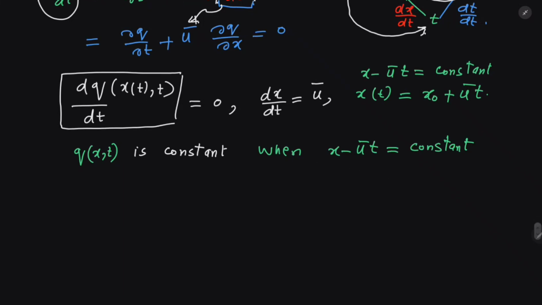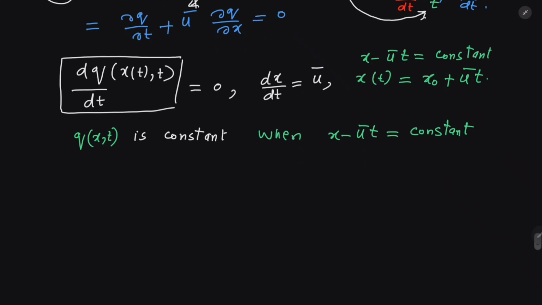So q is constant when x minus u bar t is constant. This quantity, which I already explained, which is also the topic of this video, is called characteristics.